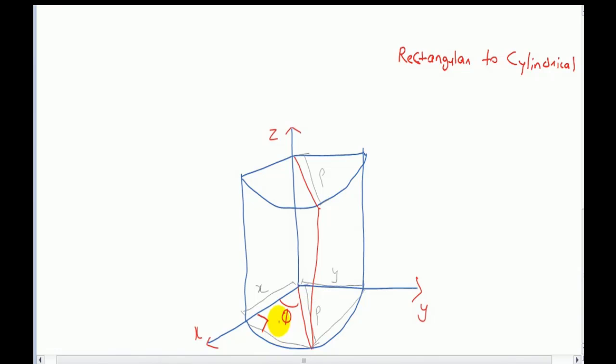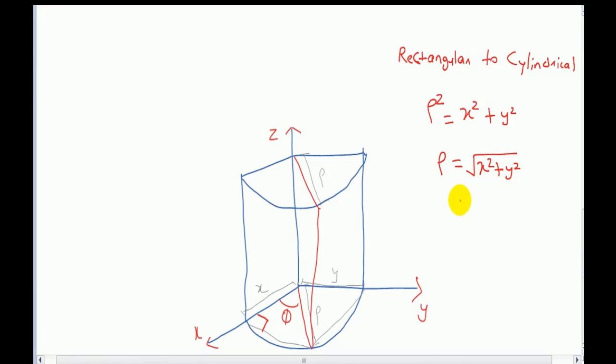Using the Pythagoras theorem, it will be rho square equals x square plus y square, or we can write rho equals the square root of x square plus y square. Since it is the radius, it cannot be negative, so rho equals the square root of x square plus y square.